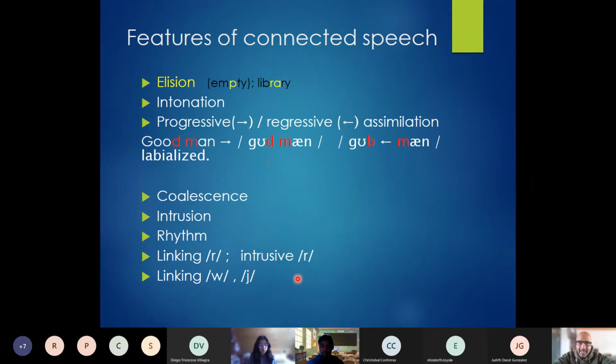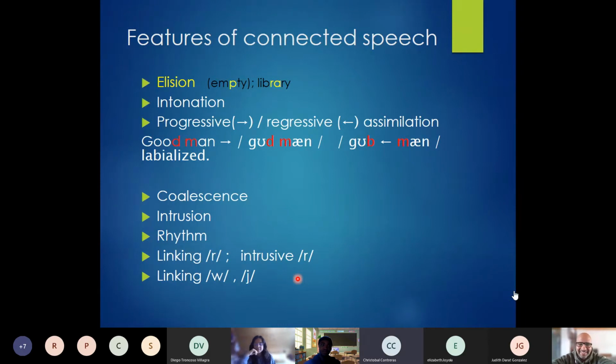Do you have another example of a progressive assimilation or a regressive assimilation, or coalescence, that you would like to discuss? I tried to find an example, but there is nothing in my head. All right.